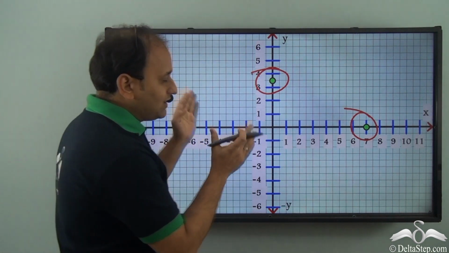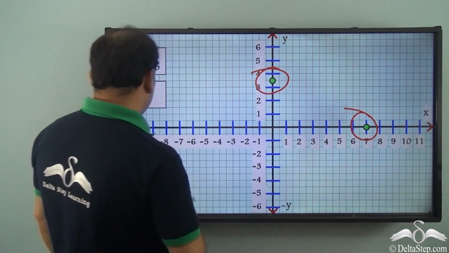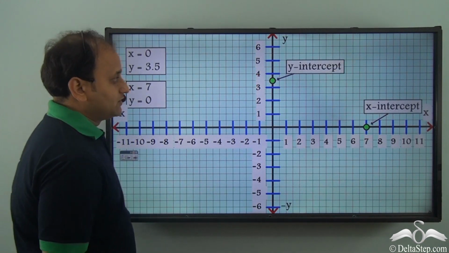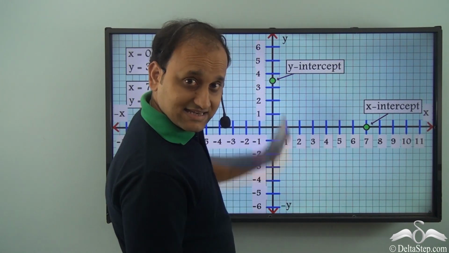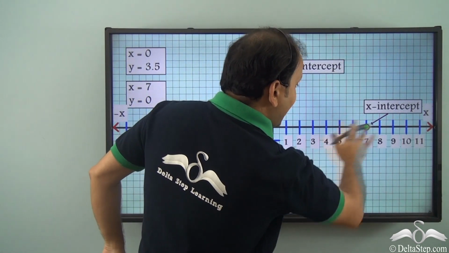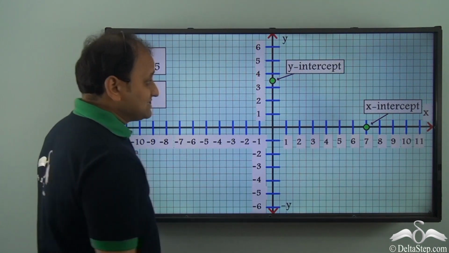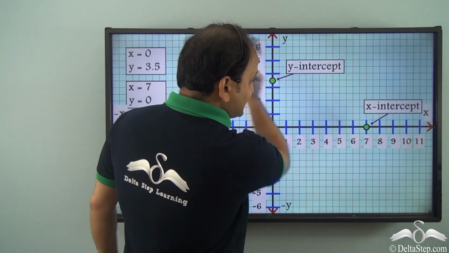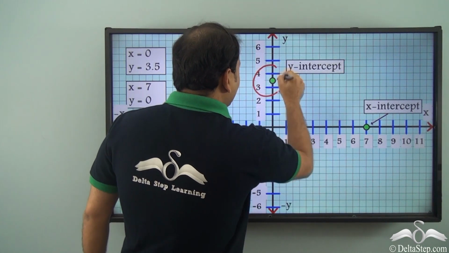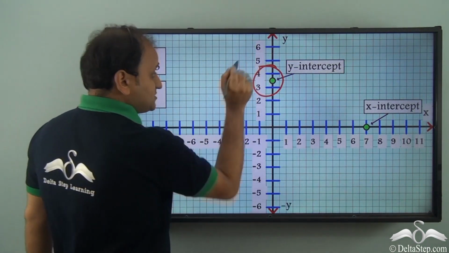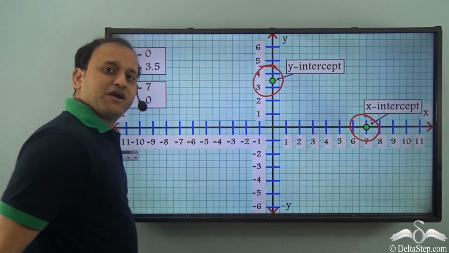And what do we call these points? These points are called intercepts. So, this point is the y-intercept which lies on the y-axis, and this point is called the x-intercept which lies on the x-axis, which means that if a line passes through these 2 points, then we can say that it will intersect the y-axis at this particular point and it will intersect the x-axis at this particular point.